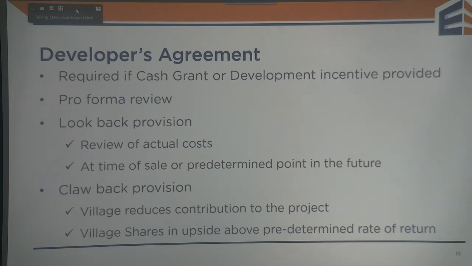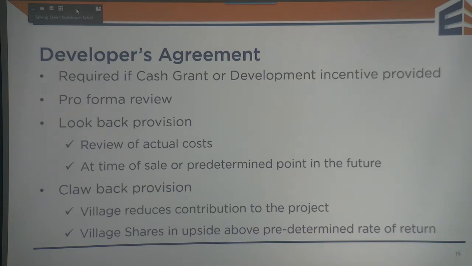Just because someone has come in and asked for a certain level of assistance doesn't mean that you have to provide all of it. You can determine what you're willing to support. Those are all decisions that can be made by the village. If there's certain expenses you just absolutely don't want to provide assistance for, you can make those decisions internally. But the pro forma review will help you determine that level of assistance and will help in determining that combination of upfront versus pay-go.